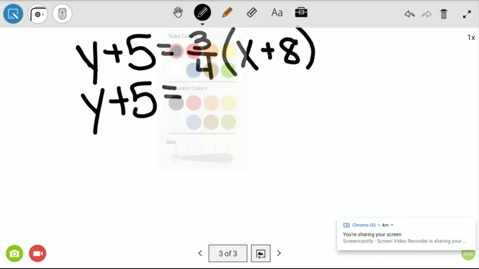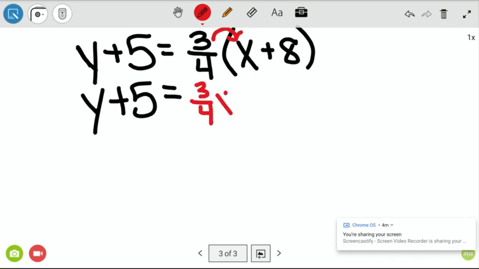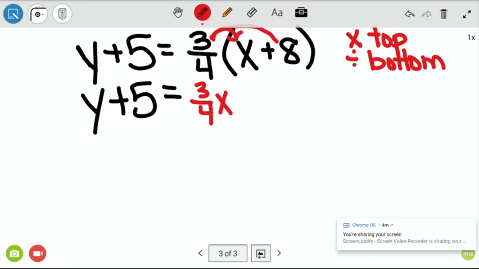We're going to distribute 3/4. So 3/4 times x is 3/4 x. Now, when you multiply a fraction by a whole number, you multiply the top number of the fraction and then divide by the bottom number. So when we take 3/4 times 8, you take 8 times 3 first, which is 24. 24 divided by 4 gives us 6.